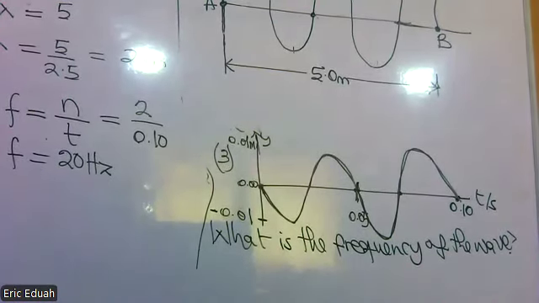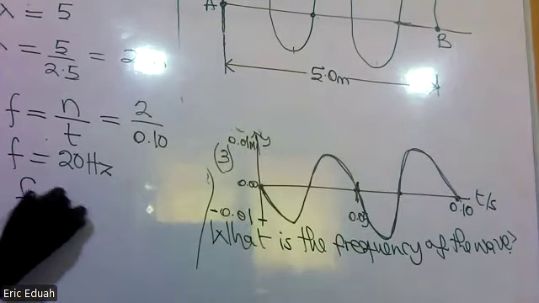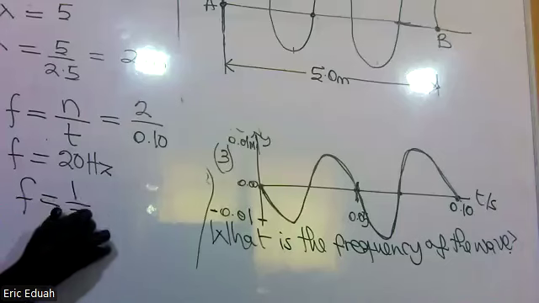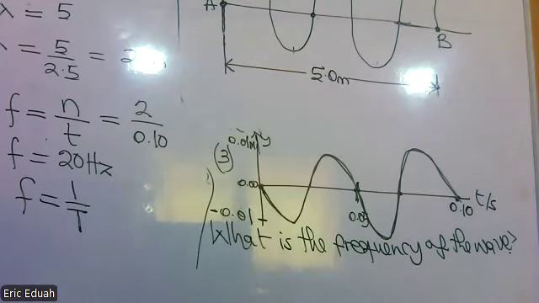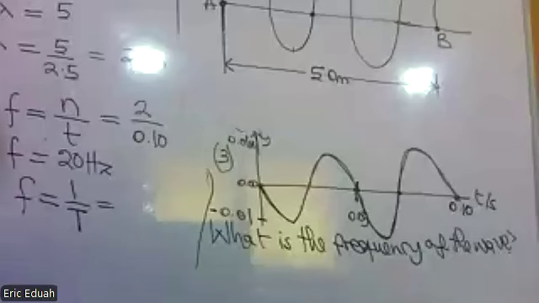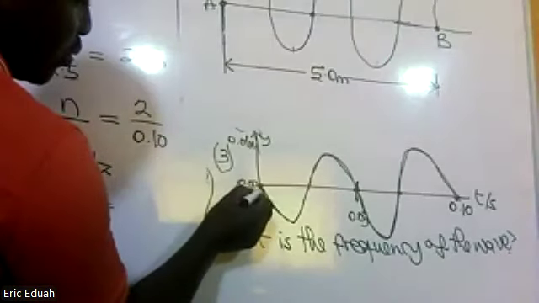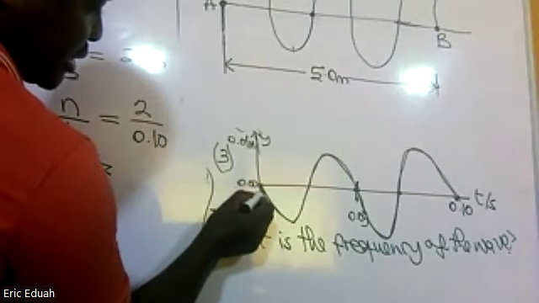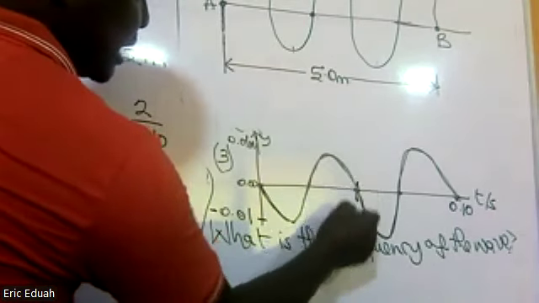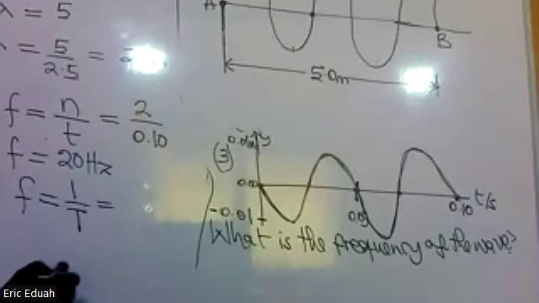Another way out is this. F is also equal to 1 over big T, the period. And period is the time taken to make one complete cycle. This is a complete cycle, and the time taken to make this is 0.05.